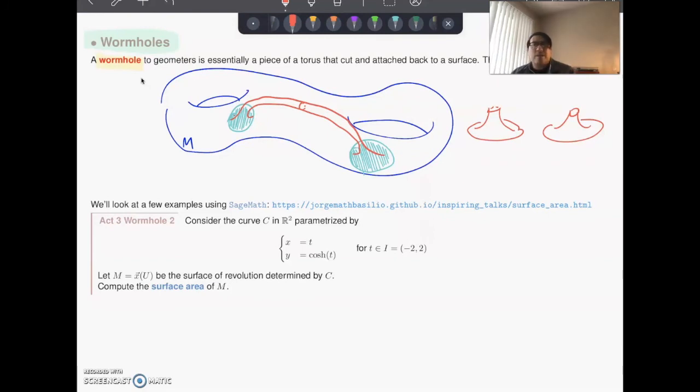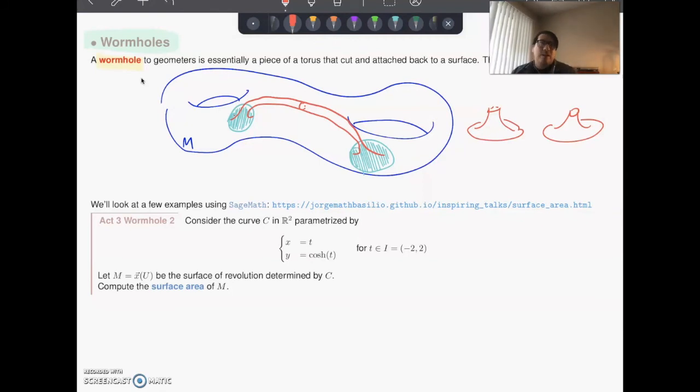Because in my research, we constructed tunnels, or these wormholes, that were really, really short. They've been known about since Einstein and Rosen constructed them in general relativity. However, in a lot of the topology literature, these can be very thin and long. That's why I drew it this way.